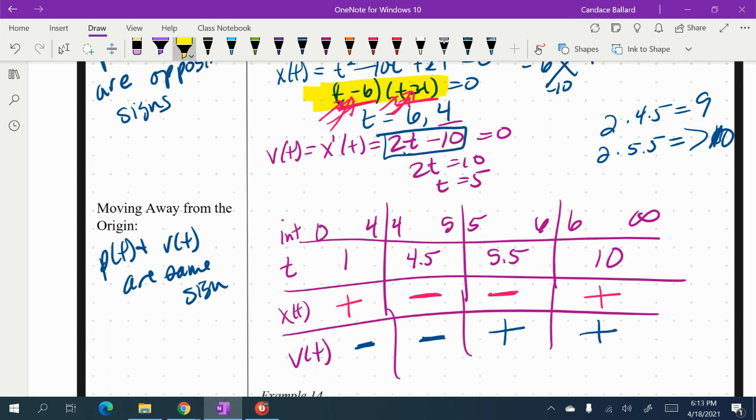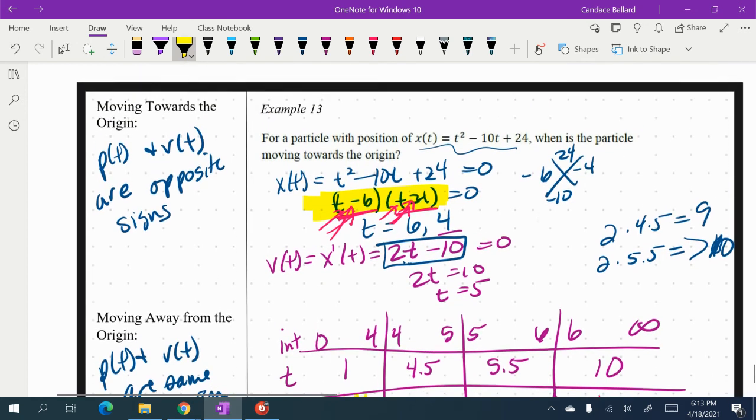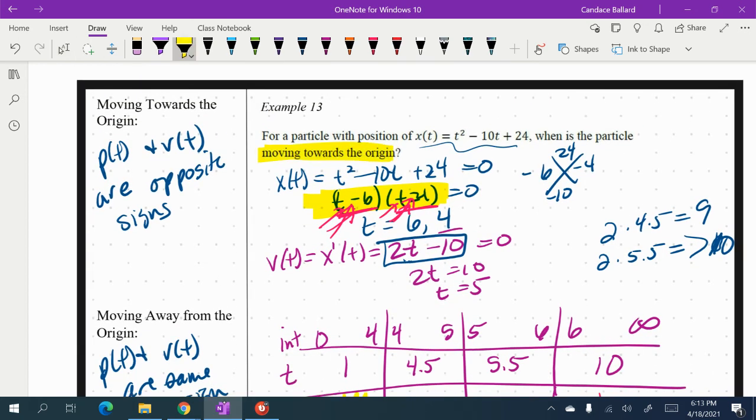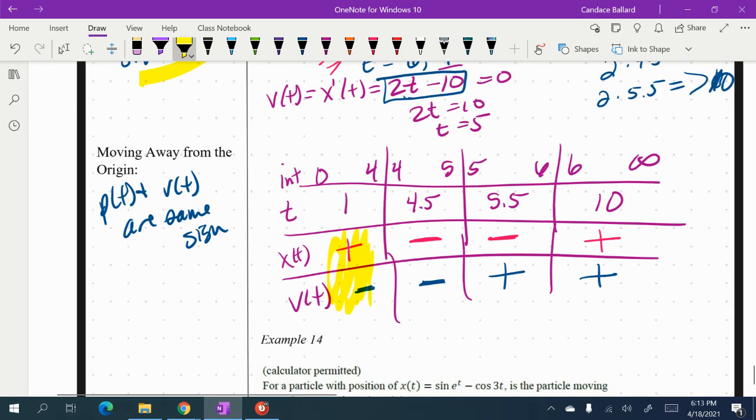What I'm looking for is where my signs are opposite, because we were supposed to be finding when the particle is moving towards the origin, and towards the origin is opposite signs. It looks like it's happening on the intervals from 0 to 4 and 5 to 6. So we just need to write that in a sentence.